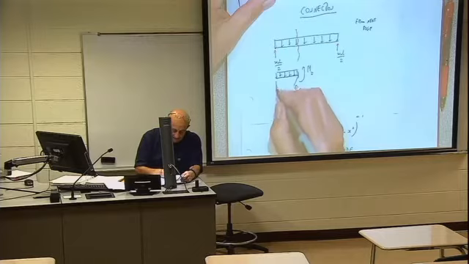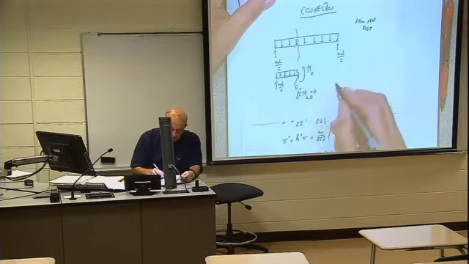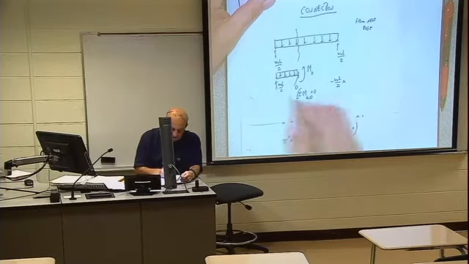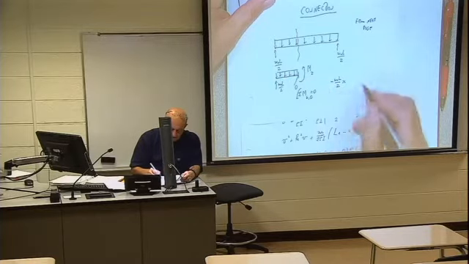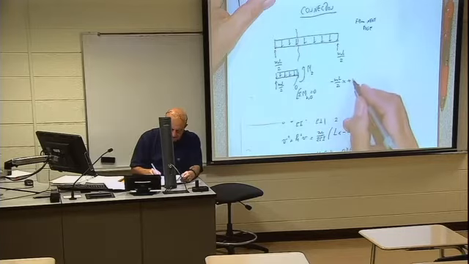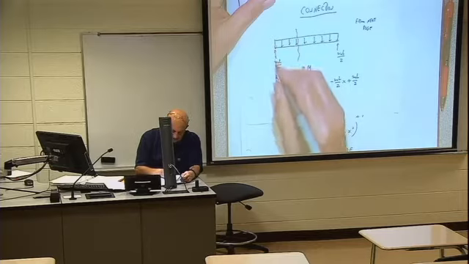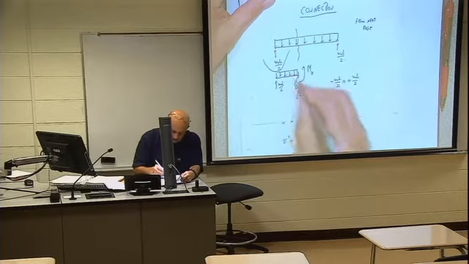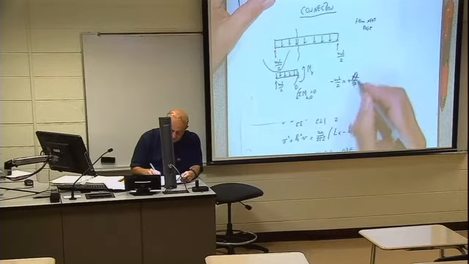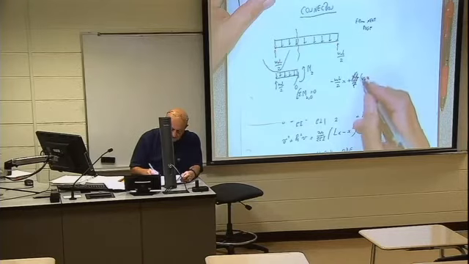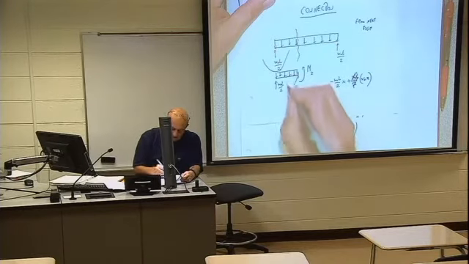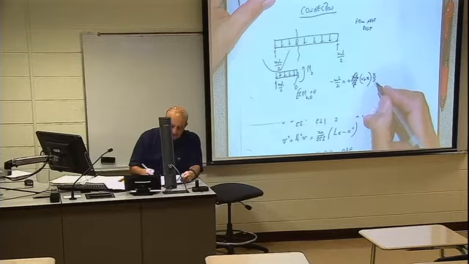And there is the load W0L over 2, so it will be minus W0L over 2 times X. This distance is X. Sorry, here the load is W0 times X, in the positive direction, and the arm is X over 2.